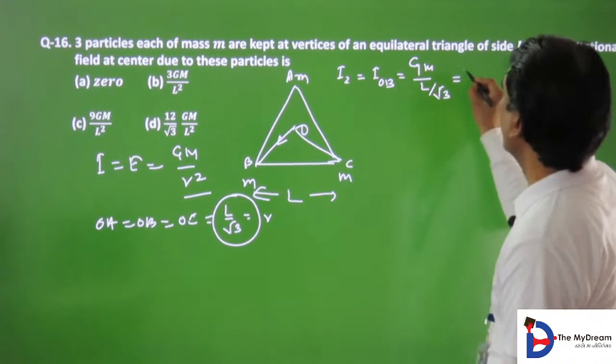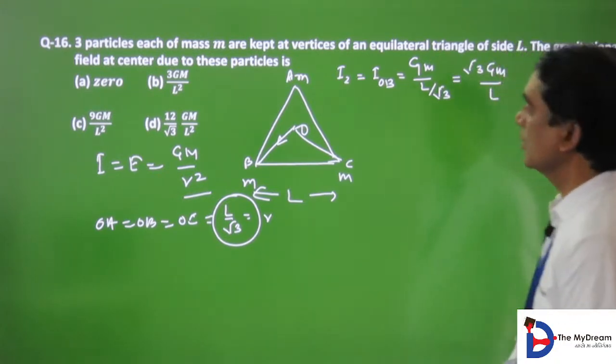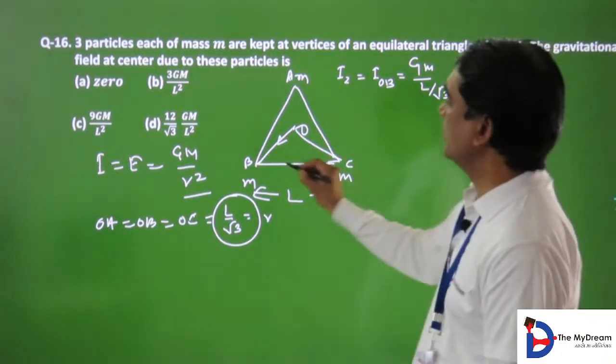So it can be written down this intensity. This is I2.